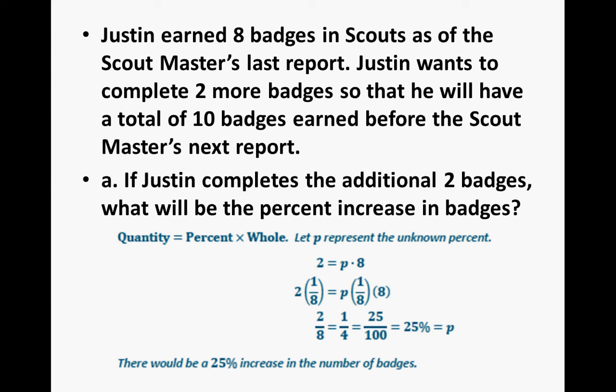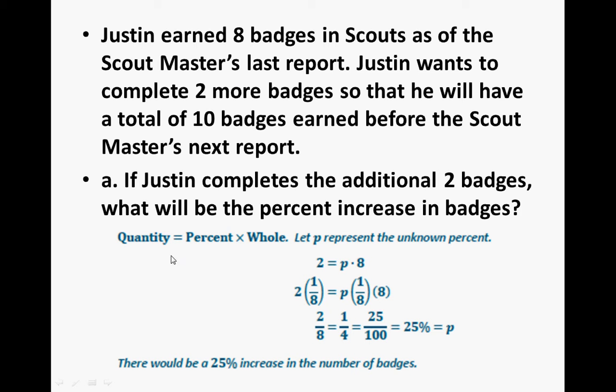Again, our quantity is 2 badges, and our whole is out of the 8 badges. So he's already got 8, and he wants 2 more. In this case, we're not referencing the 10 badges total. So we want to know how many more than 8, and what that percent is going to be.